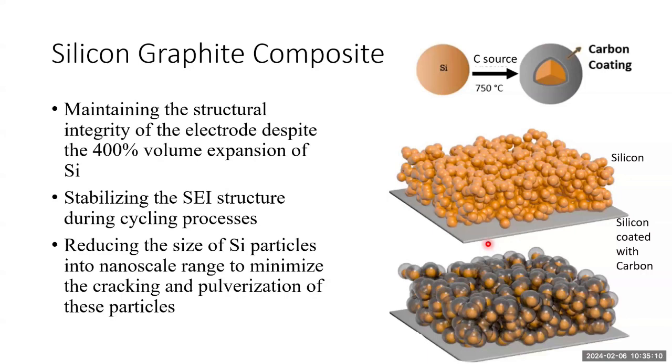So it forms a layer on the solid electrode. But with silicon coated with carbon, you have good quality of this type. So you can get a very good solid electrolyte interface from this silicon composite.